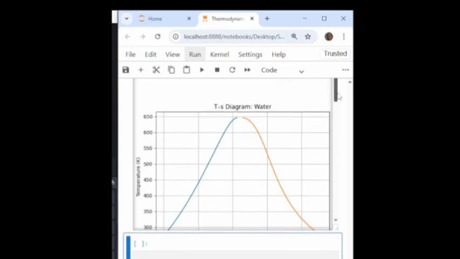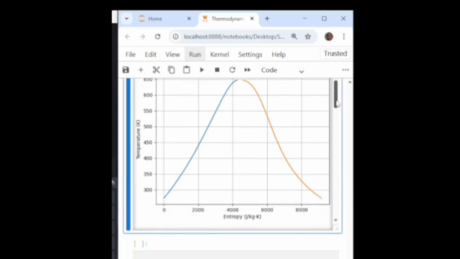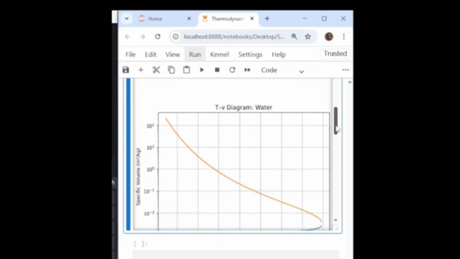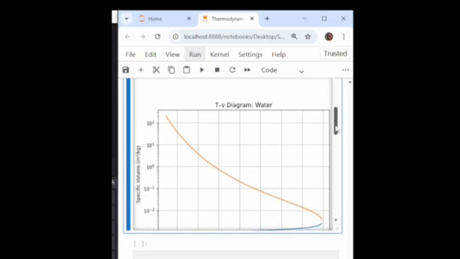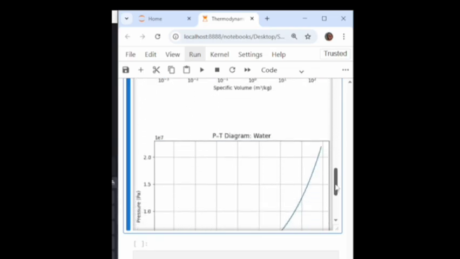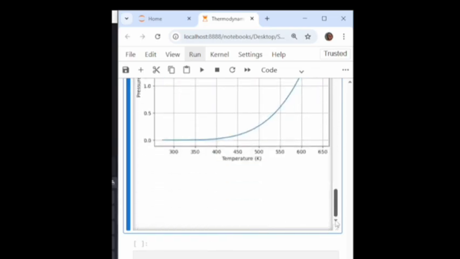This is the TS diagram, the temperature-entropy graph of water at those conditions, and this is the temperature-volume, this is our pressure-volume, and the last one is our pressure-temperature diagram. So this is how our calculator works.